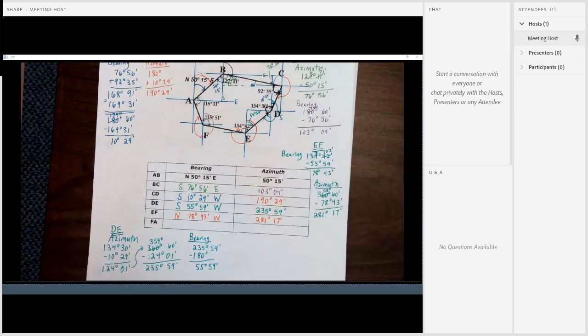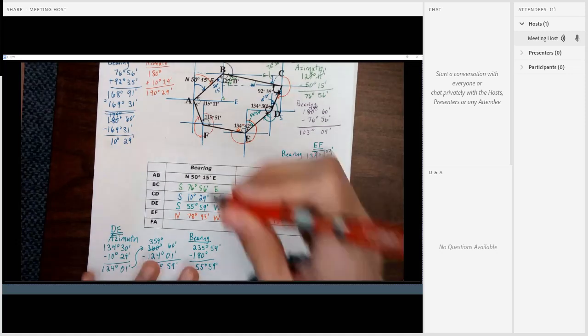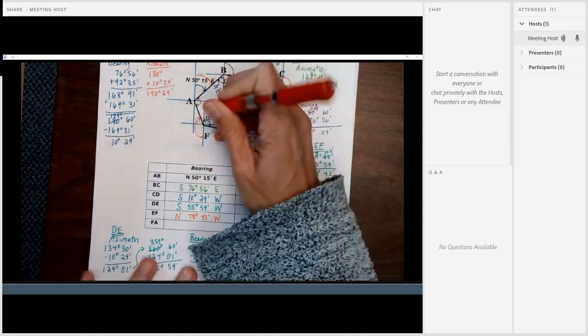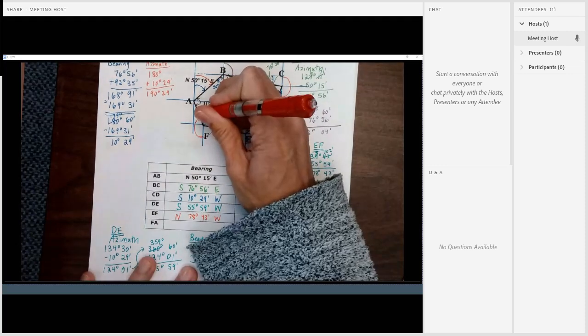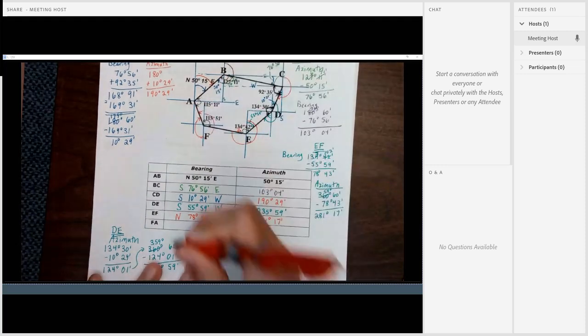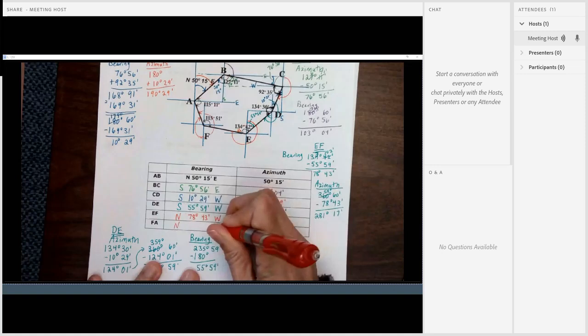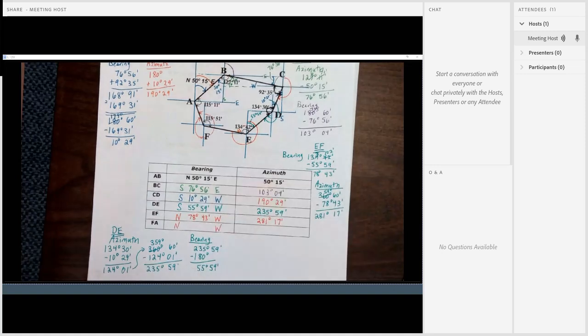And then that bearing line, remember, it has to come from the north or the south, has to be less than 90 degrees. So this is going to have to come from the north and go in that west direction again. So north and west there for that bearing.